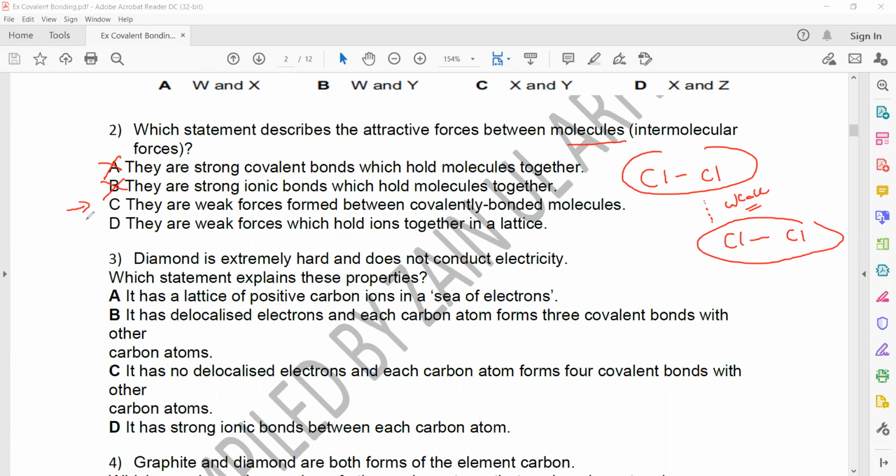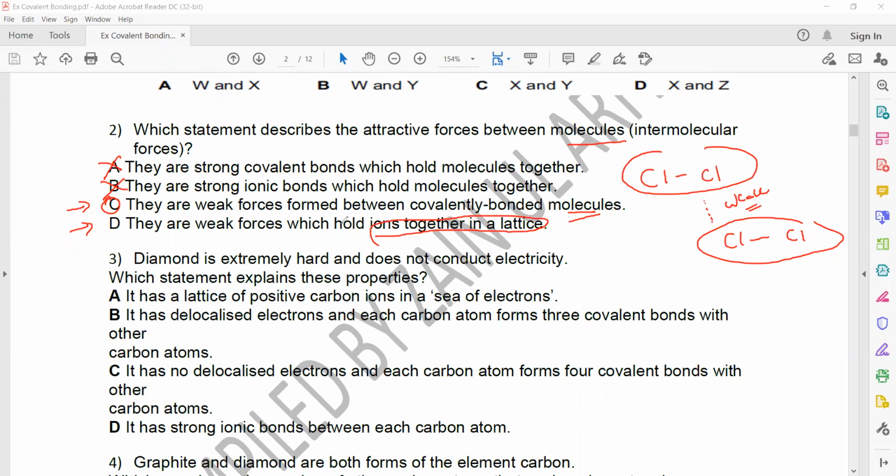So either C or D can be the answer. But in a covalent substance, we don't have ions. In ionic compounds, we have ions and lattices. In a covalent substance, we have simple molecules. So there are weak forces formed between the covalently bonded molecules. That's why C is the right statement which explains the force of attraction between the molecules.